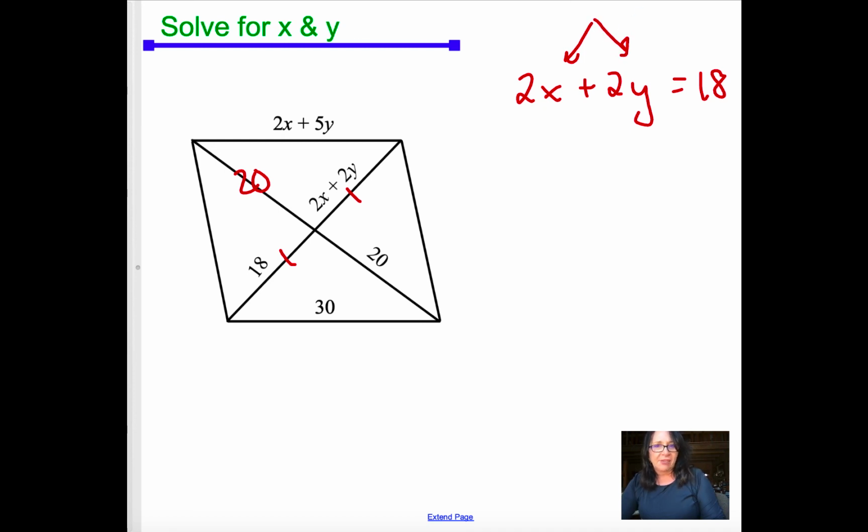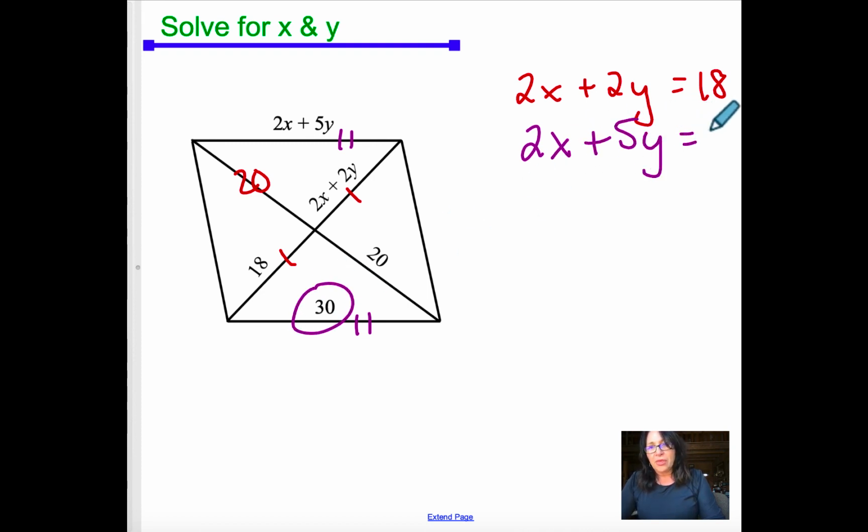I have an x and a y, which I don't know what they are. I need 2 equations. And so the other equation I'm going to find by opposite sides of a parallelogram are congruent, which means that 2x plus 5y is going to equal 30.